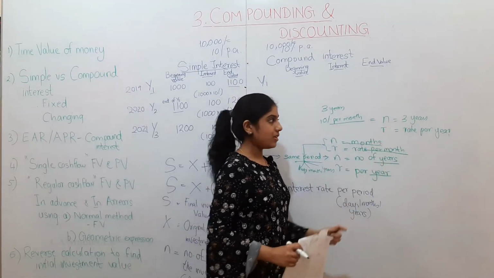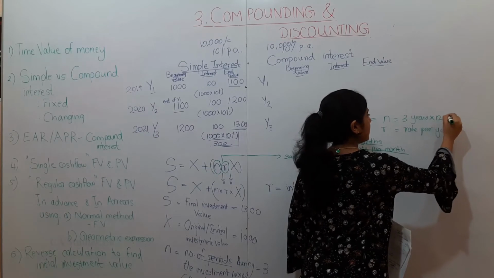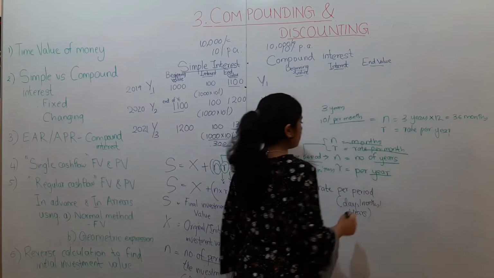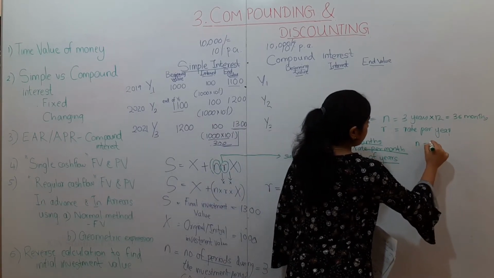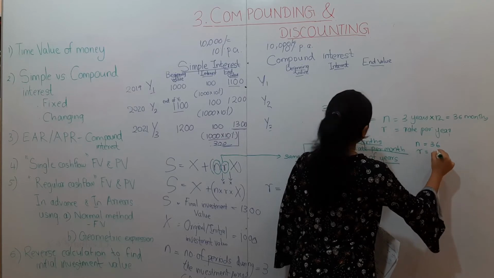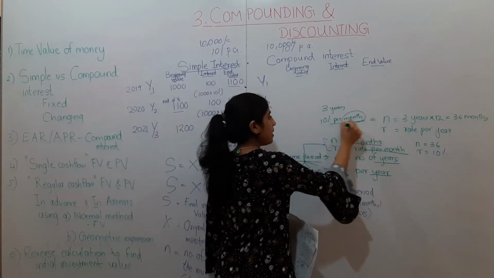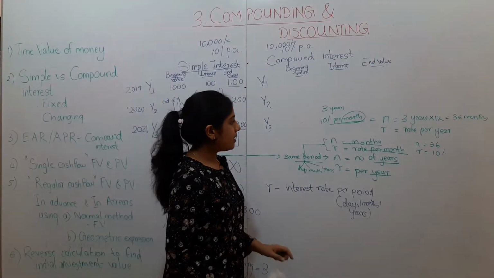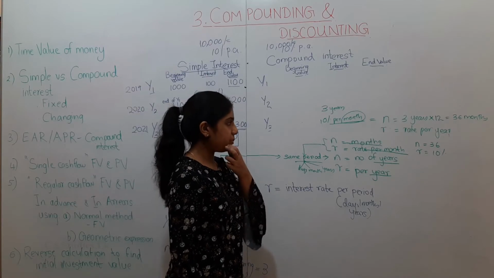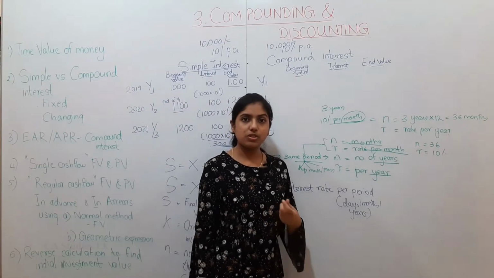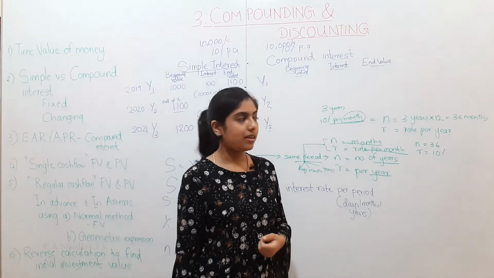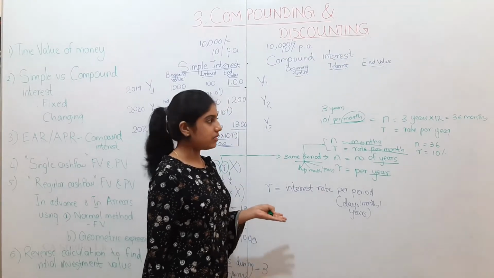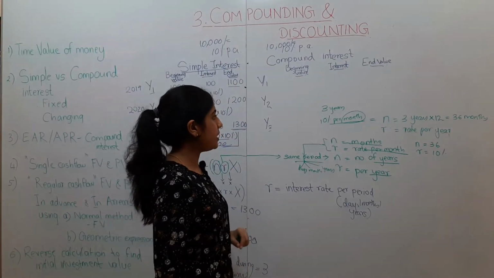So 3 years times 12 months per year is 36 months. In your formula you write n equals 36 and r equals 10%, because it is already for a month. Another scenario where we could find the rate per year we will learn in the next chapter on effective annual rates, which is applicable for compound interest, not simple interest.